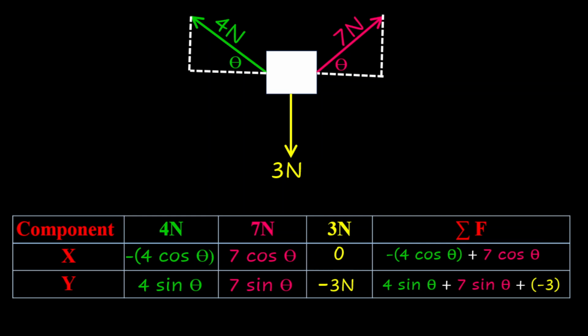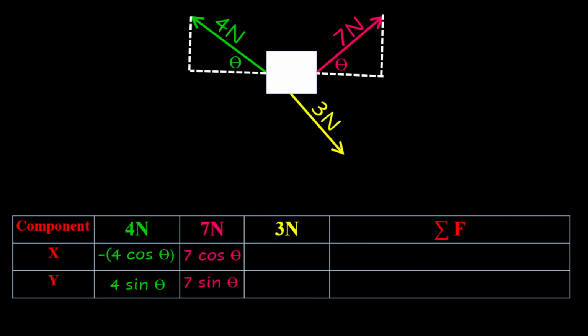All right, now let's make a change in this diagram. The only thing we're going to change this time is the 3 newtons, which now act at an angle. So we're going to analyze the 3 Newton part. The 4 and the 7 are just the same as before. I'm going to start with the y component. The y component of the 3 Newton will be going downwards, and so it must be at an angle.